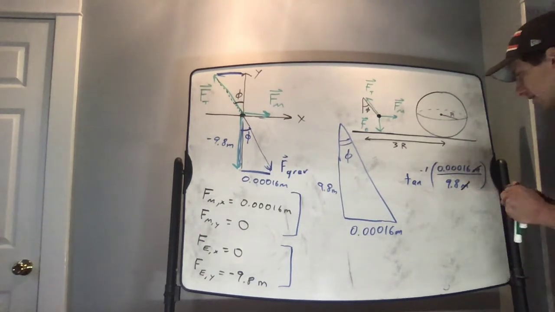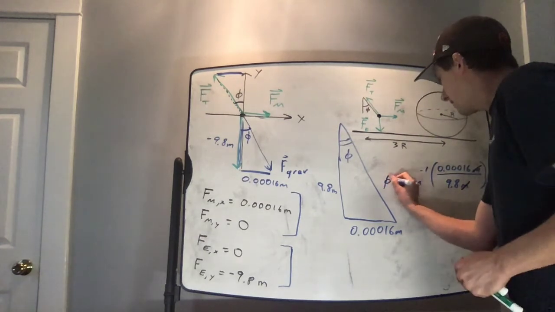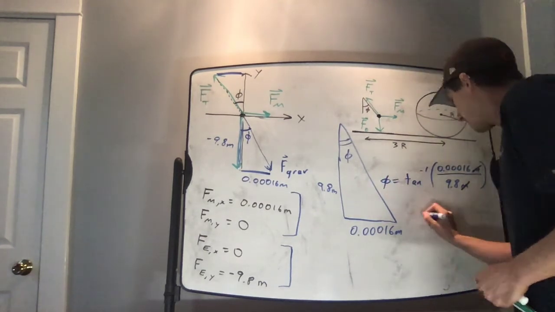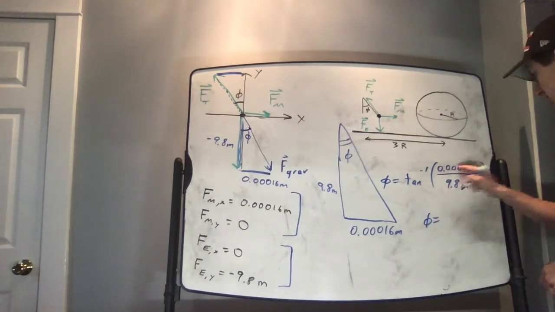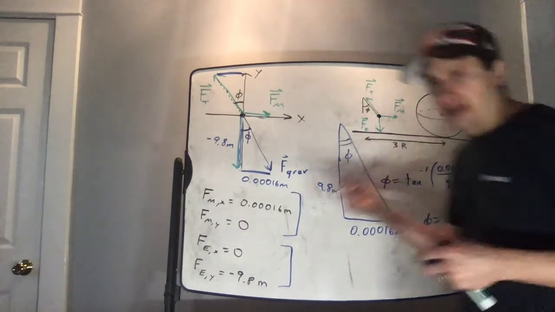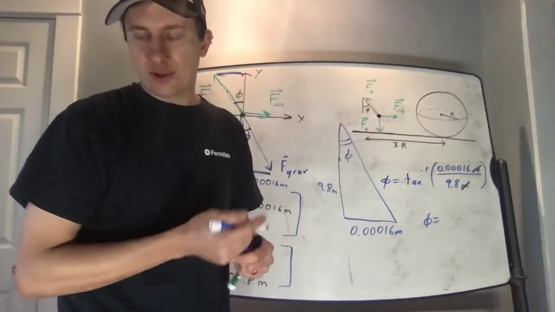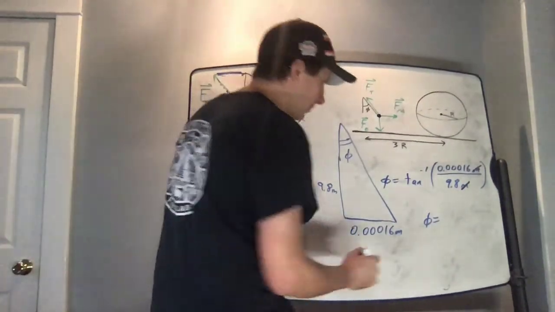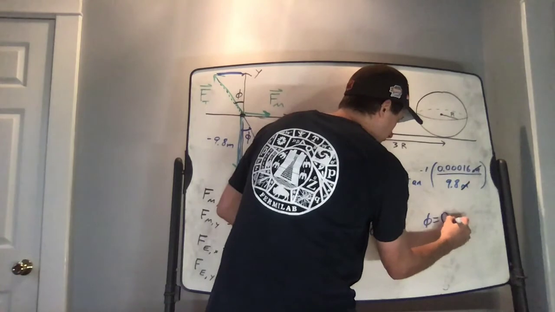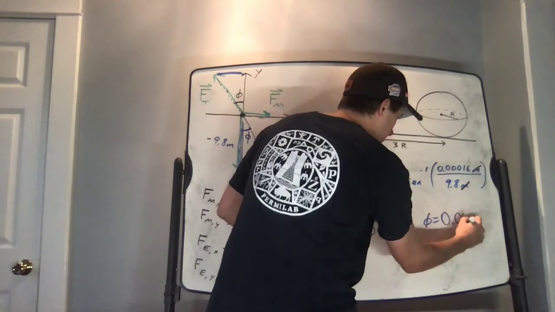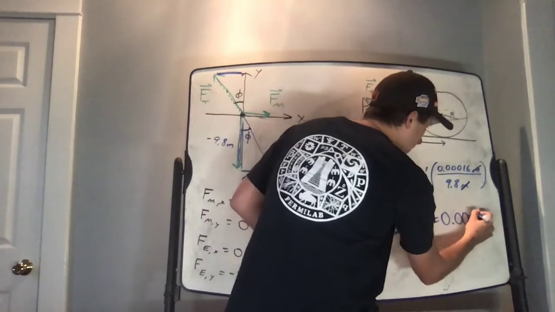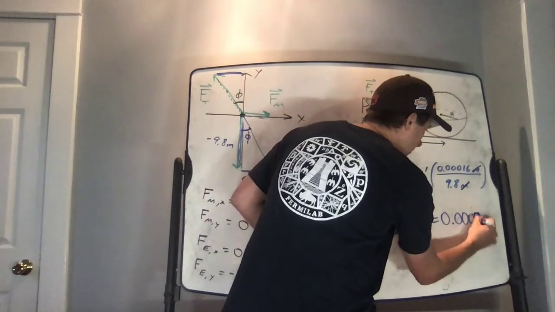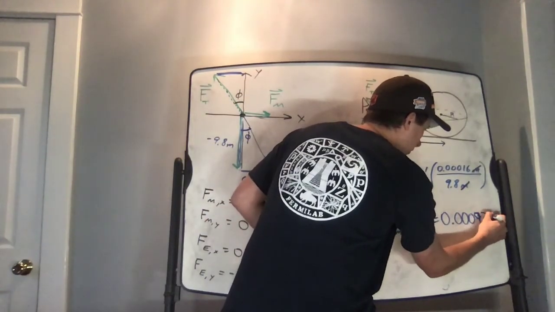And so I could say my angle phi is going to be given as phi is equal to tan inverse of 0.00016 divided by 9.8. And when I put that in a calculator, I get phi is equal to a very small angle, 0.000935 degrees.